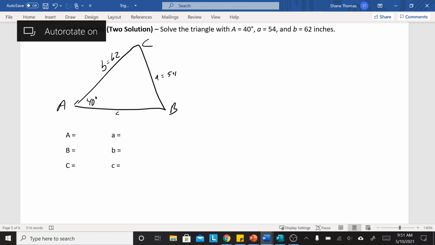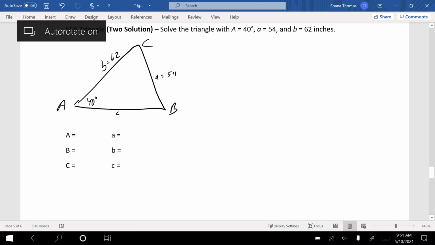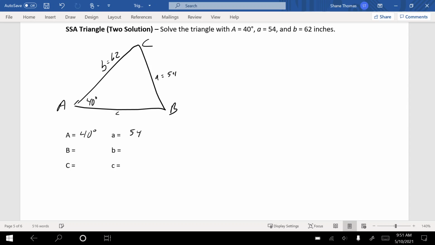Okay, so we'll fill in my little chart down here. So if I fill this in, I already know that big A is 40. I know little a is 54, and I know little b is 62. That's everything I have right now. Looking at this, we only have one pair of letters that we can really work with, right?